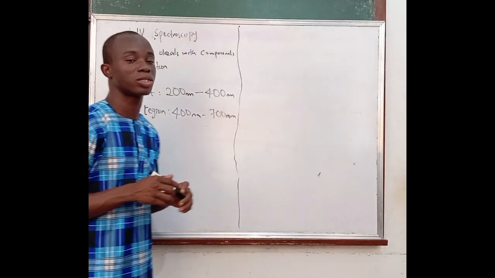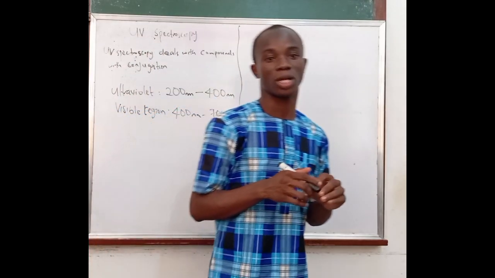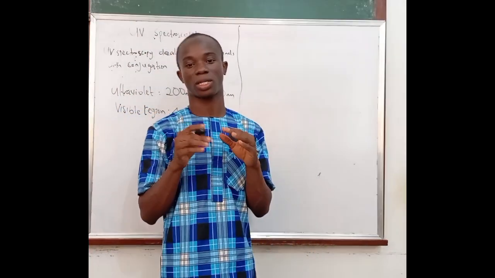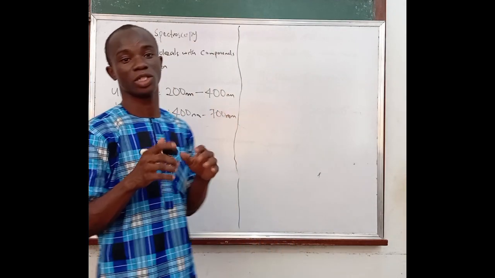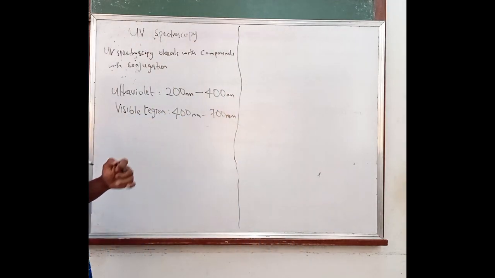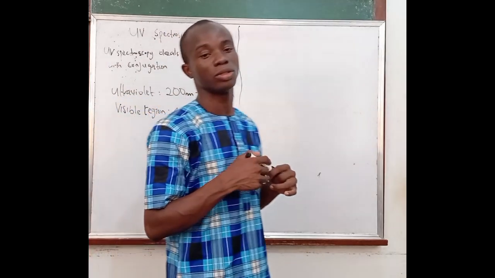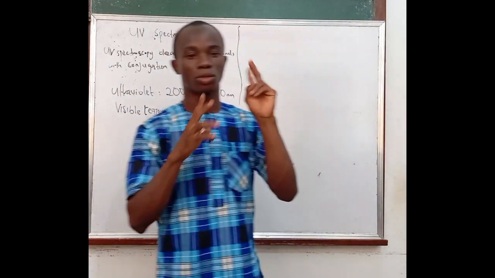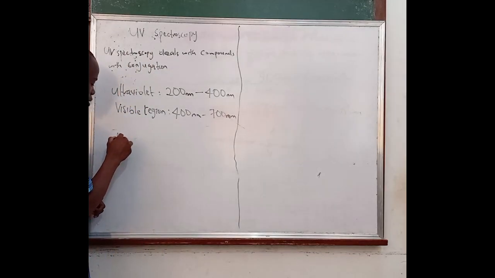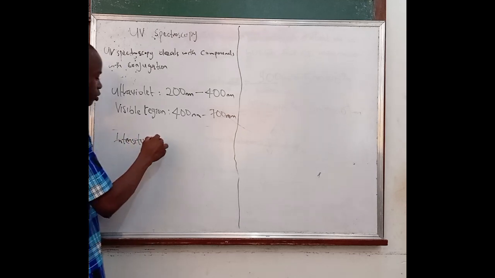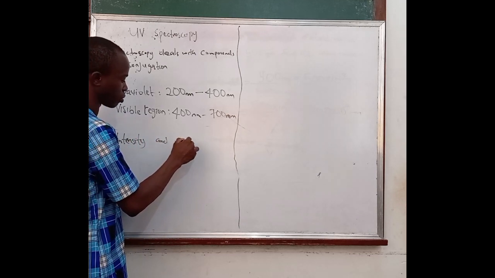Now, the next thing to talk about is what characterizes absorptions under UV spectroscopy, which is two things. In measuring absorption using UV spectroscopy, two things are very important: intensity and wavelength.